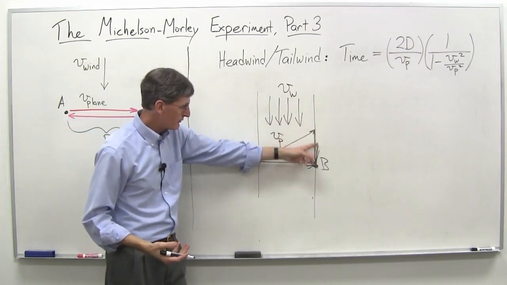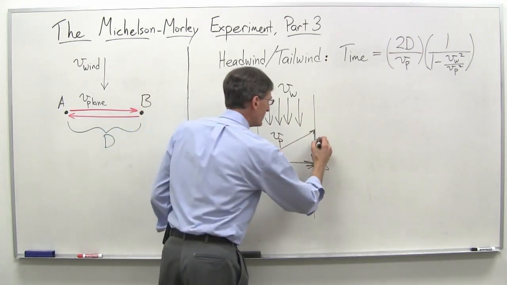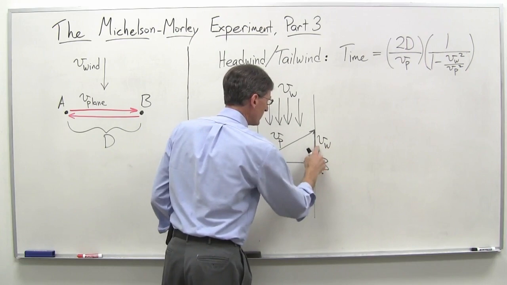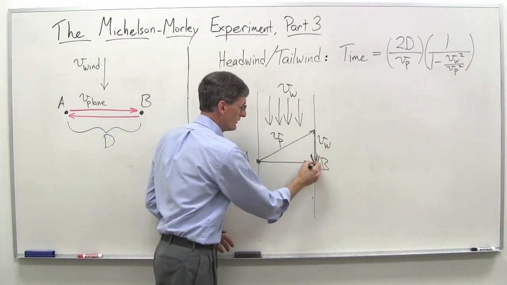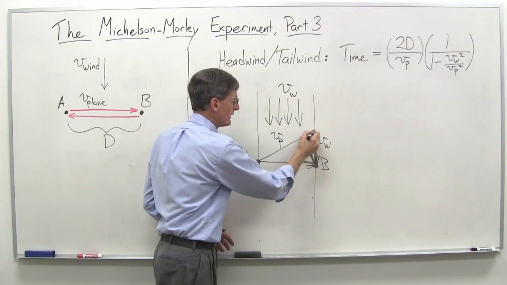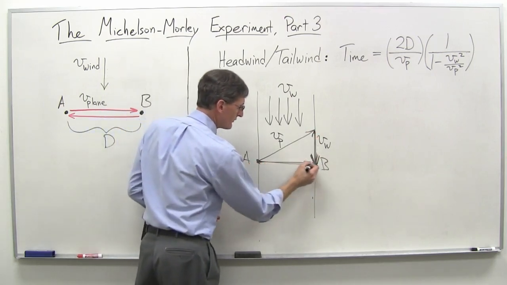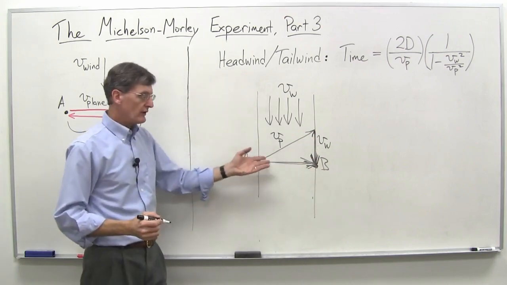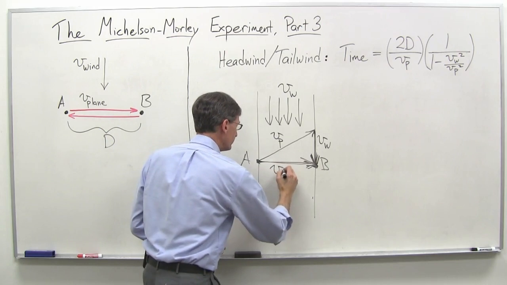And so that's going to be this quantity right here, this side. Notice we have a triangle here. And so that's going to be v sub w there. My arrows are a little messy, but that's the arrow for the wind. That's the arrow for the velocity of the plane. And then what's this arrow here? What's the actual velocity from A to B that we're traveling? We'll just call that v actual.